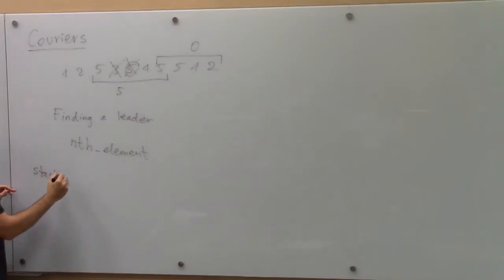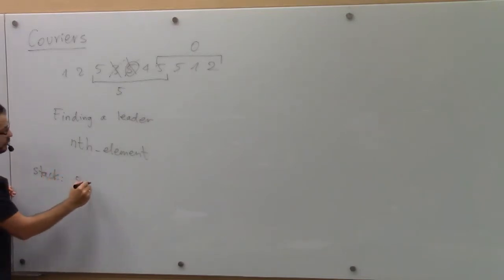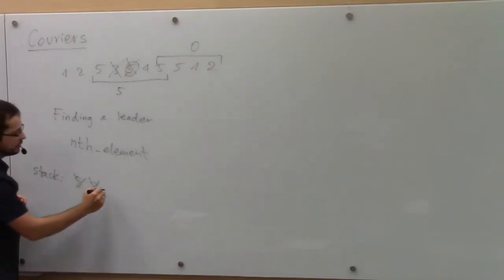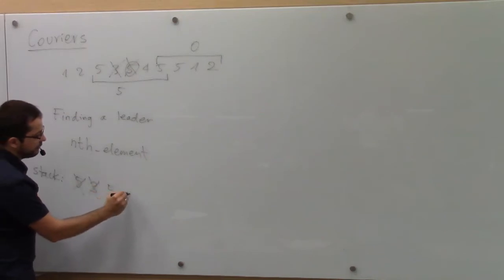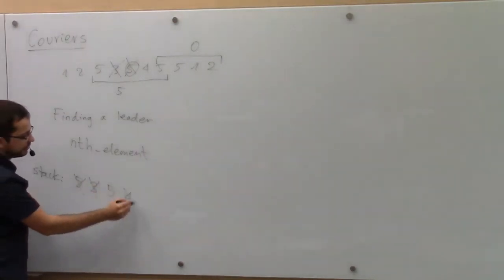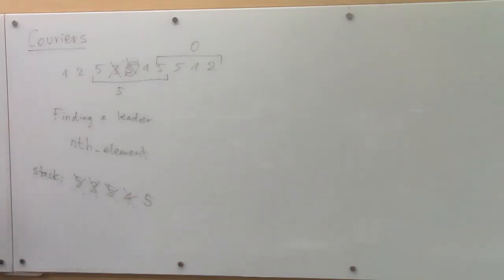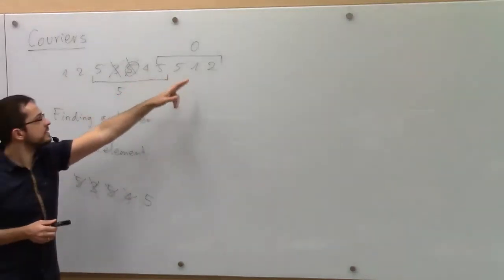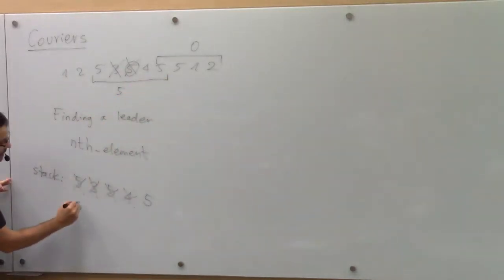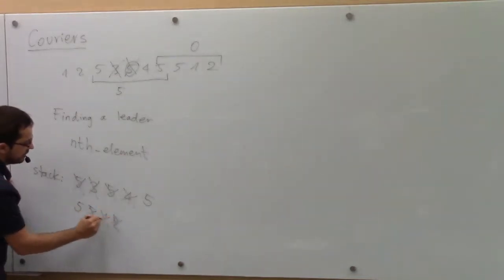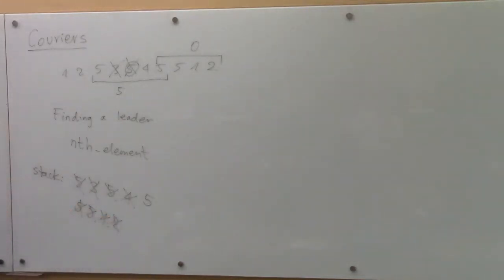So on the stack we will have 5, then we will put 3, and these guys are different, so we can just erase them. Then we will put another 5, another 4, put 4, we can erase them, and then we will have 5. For instance, for this part, we would have 5, then 1, erase them, and 2, and erase them.